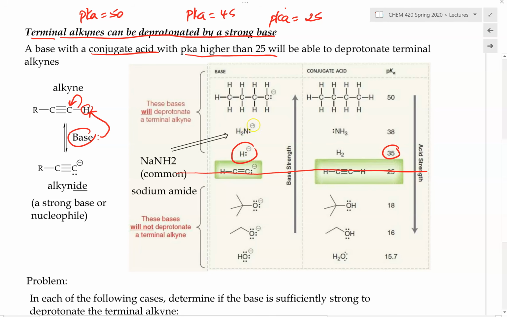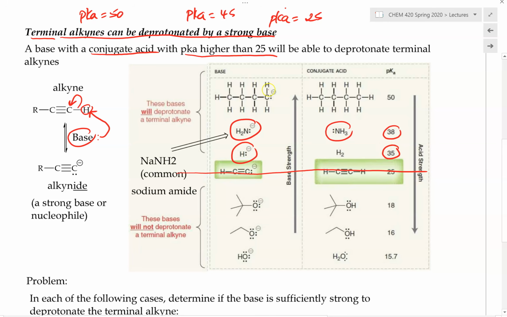Here's another example. This is a very common reagent that we use to deprotonate the hydrogen of the alkyne. It is called sodium amide. When we use this to pick up the proton from the alkyne, its conjugate acid, ammonia, has a pKa of 35. So this is quite strong and will do a very good job in deprotonating the alkyne hydrogen.